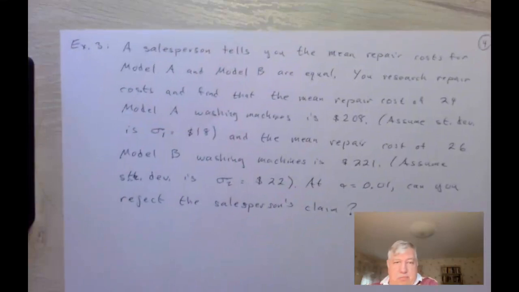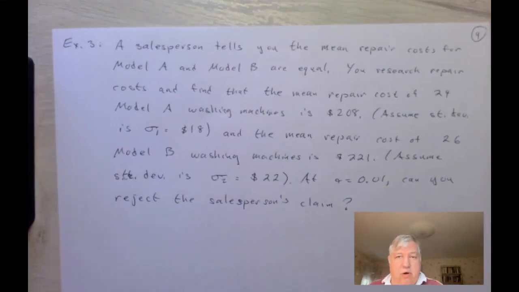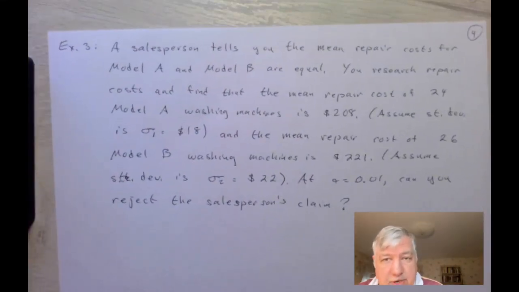This is right from your book, and I omitted the first part, which was saying you're looking to buy a new washing machine, and there are two models, Model A and Model B. And a kind salesperson tells you that the mean repair costs for each model is equal.